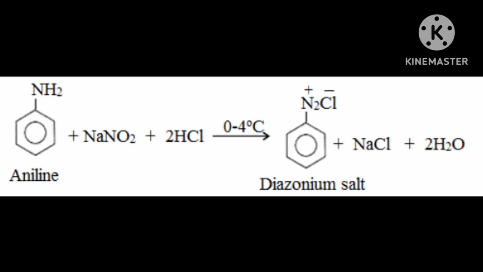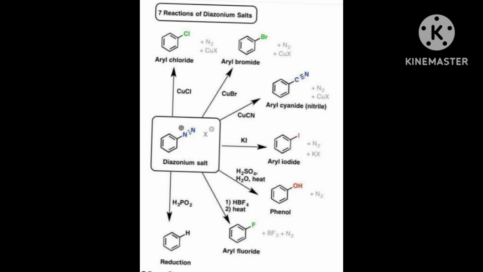This is an important reaction. Again I am telling you, mild reducing agents like hypophosphorus acid or ethanol, either one, reduce the diazonium salt to arenes and themselves get oxidized. Hypophosphorus acid is converted to phosphorus acid, and ethanol to aldehyde.